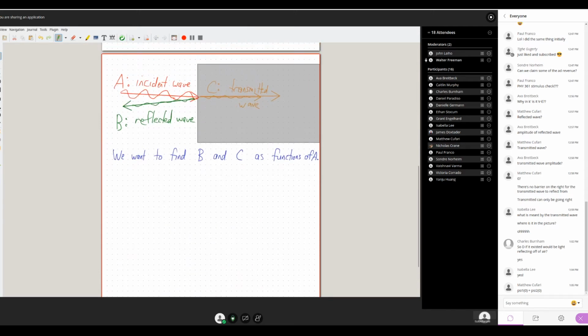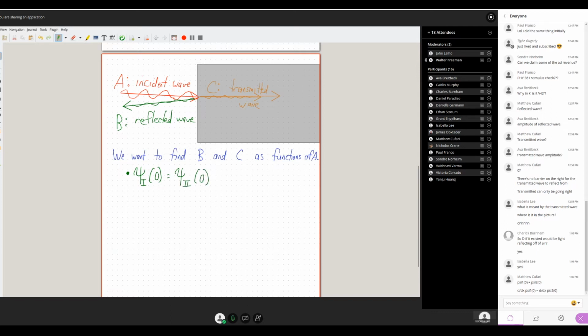So what we know is that psi 1 at the boundary must equal psi 2 at the boundary. And the other thing is the continuity of the first derivative: psi prime 1 of 0 equals psi prime 2 of 0.